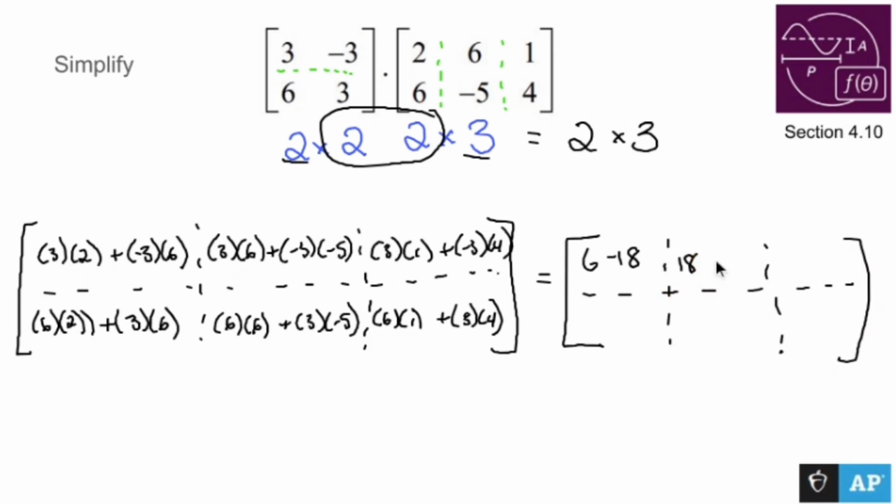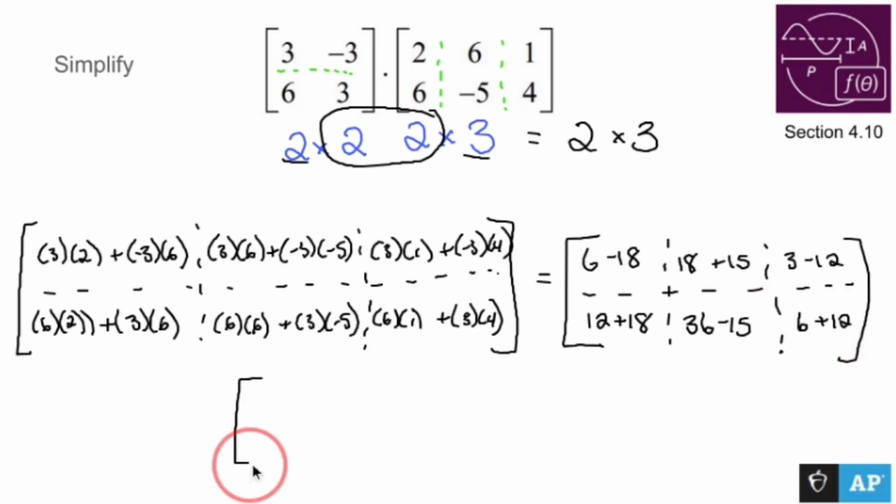18 plus 15, 3 minus 12, 12 plus 18, 36 minus 15, 6 plus 12.